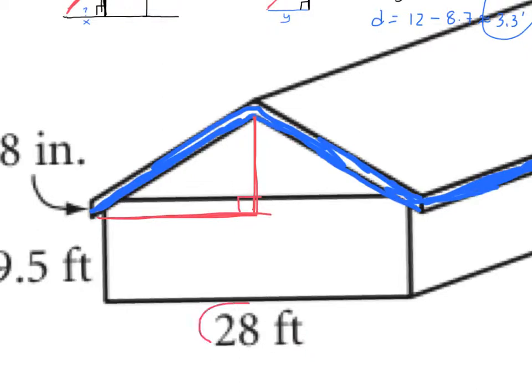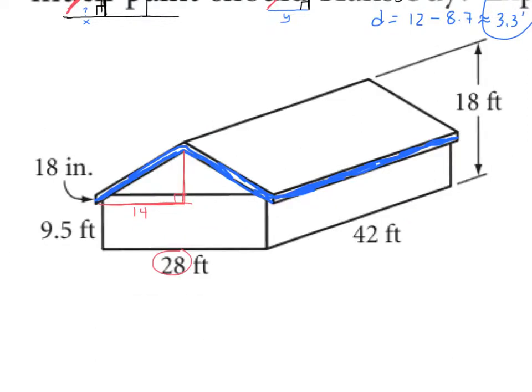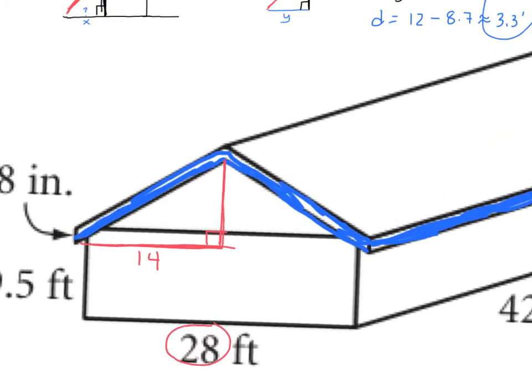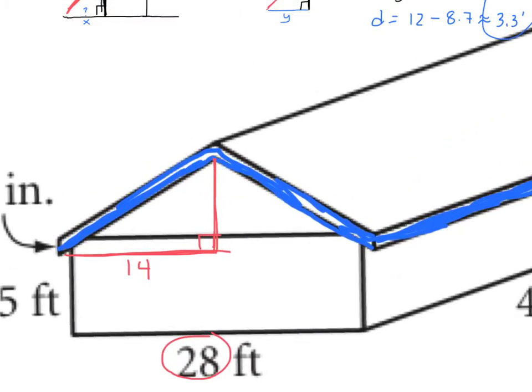So if this is 28 there, so that has to be 14. To find the height, we have the total height is 18 feet here, so from the tip down, and something over here is 9.5. So here is going to be roughly 8.5 feet there. So let's put 8.5 there.